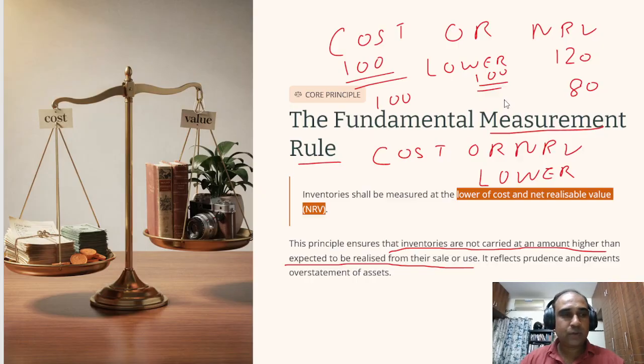This accounting standard mandates that inventory has to be valued at cost or NRV, whichever is lower. So in this case, inventory will be valued at 80, which is the lower of the two. Clear, guys? So inventory will always be valued at cost or net realizable value, whichever is lower. Clear?